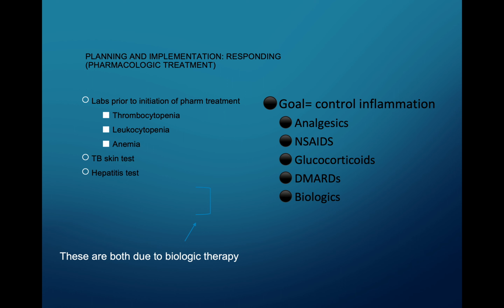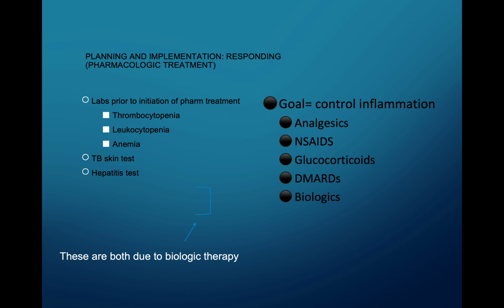Biologic response modifiers, these medications can slow or even stop the progression of the disease. They target specific parts of the inflammatory cascade. They aren't usually first line treatments. They tend to be more expensive. You have to go through oftentimes an insurance rigmarole to get them approved and covered by the insurance.